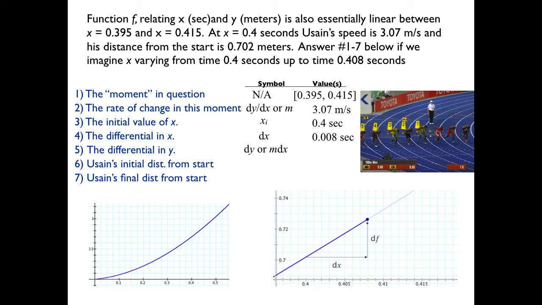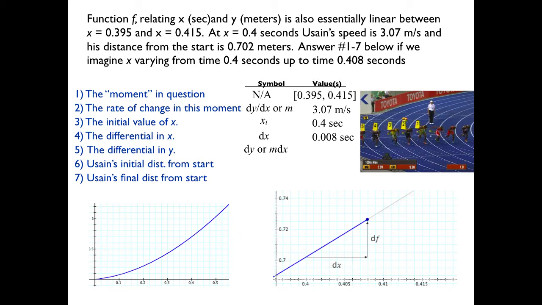And what is dy, the change in his distance from the starting line, or df, if you wanted to use that notation, for this interval within our moment that's pictured? Well, we have to do that computation. We would need to do m dx, right?